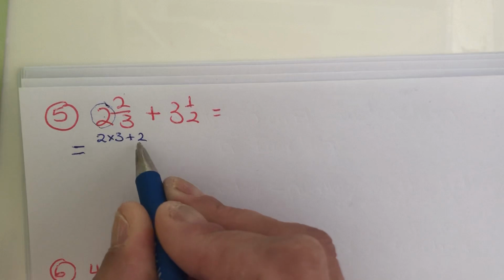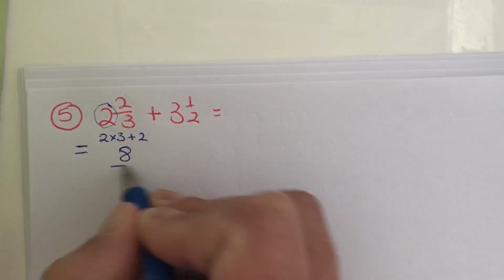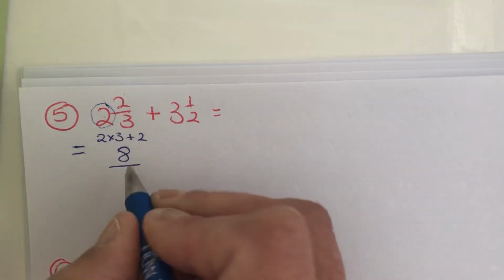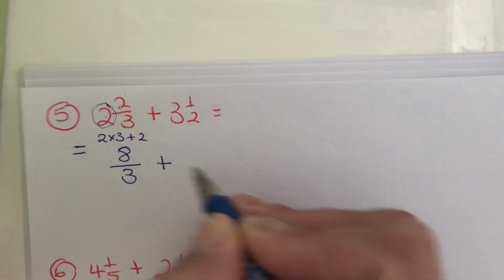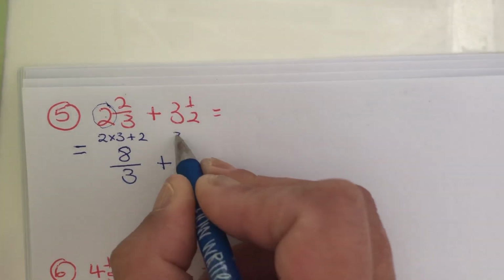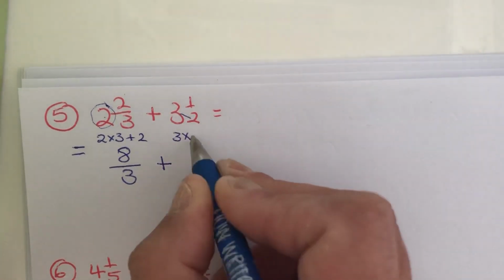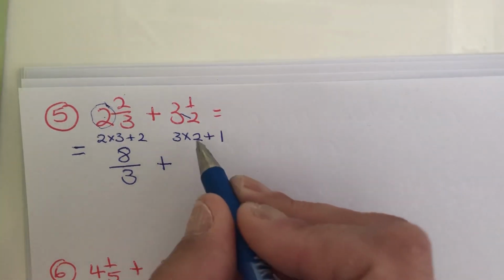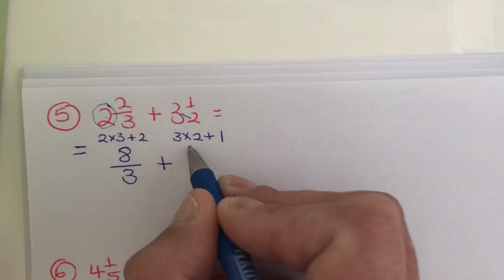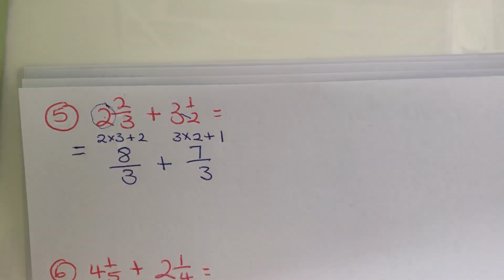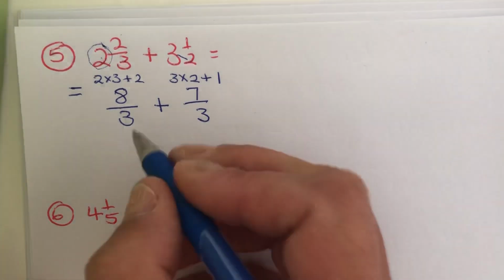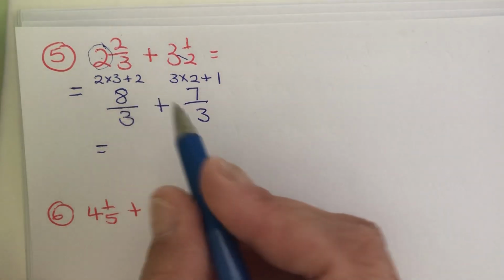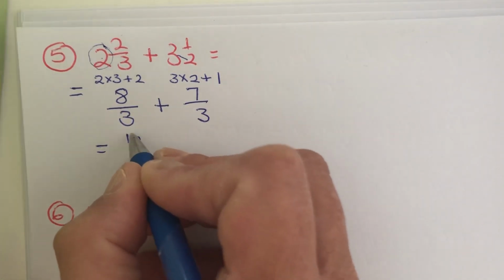So that's 6 plus 2 is 8 divided by, they are thirds. Plus, this time, we're going to go 3 times 2 plus 1. So 3 times 2 is 6 plus 1 is 7. Now we're back to a question like we did before. So we're going to go 8 plus 7 is 15.